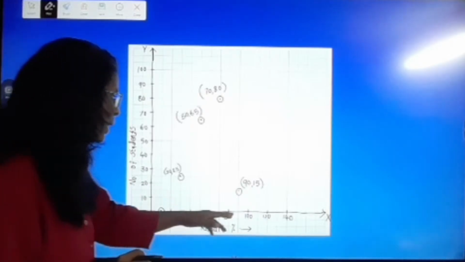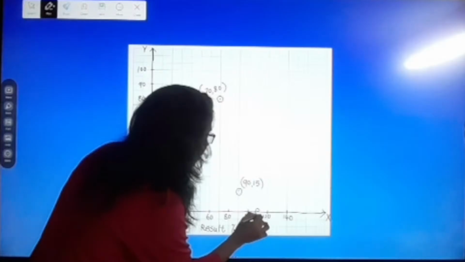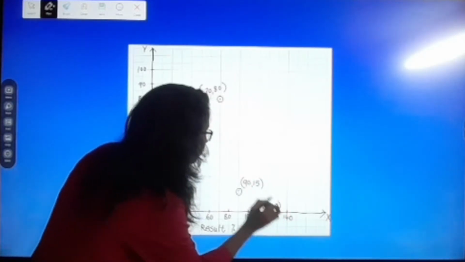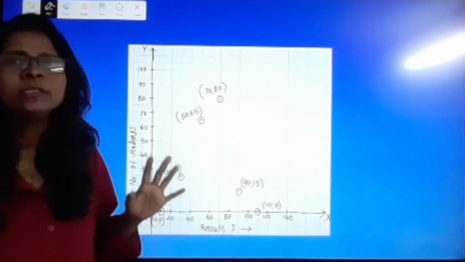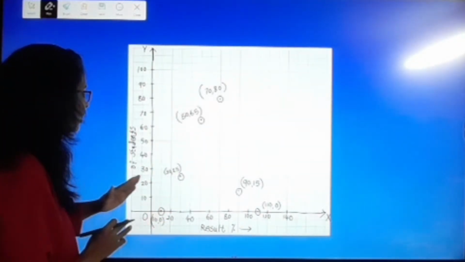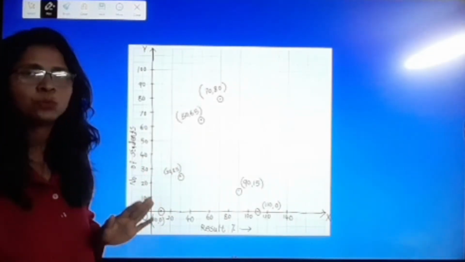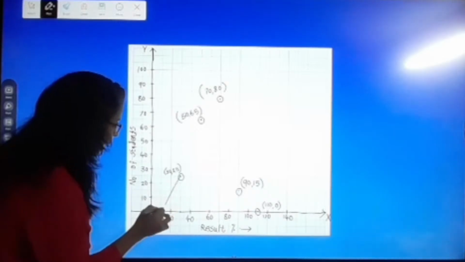Okay, and then last one students, that is 110, 0. So here students, 110, 0. Yes, we plot all the coordinate points, and then one by one with the help of the scale, students, you draw it. But without scale, I draw it.